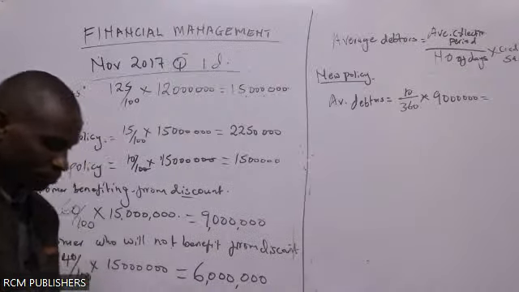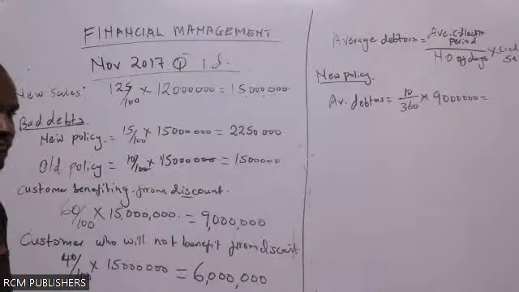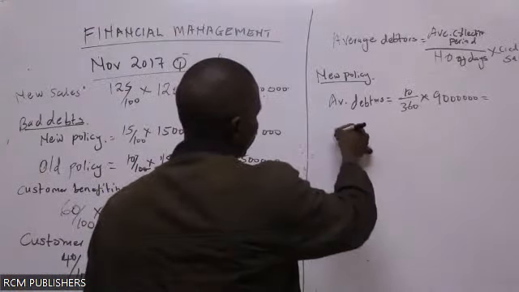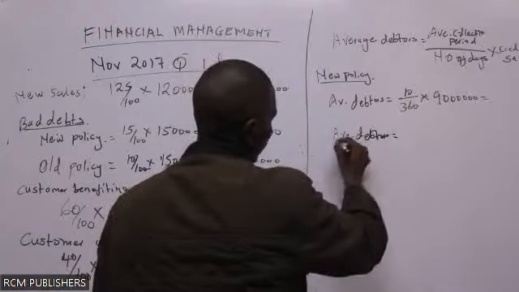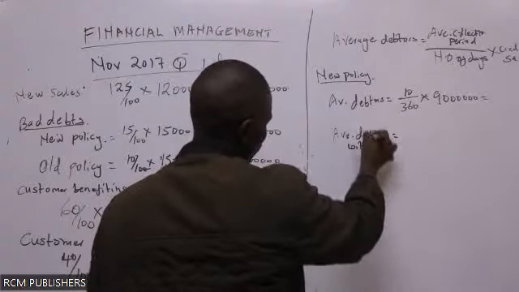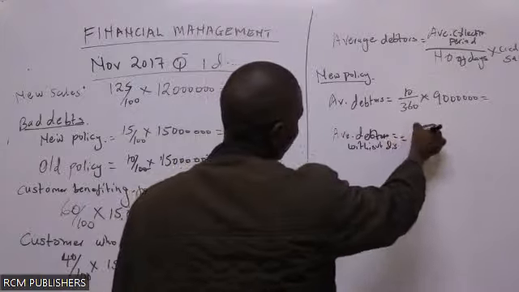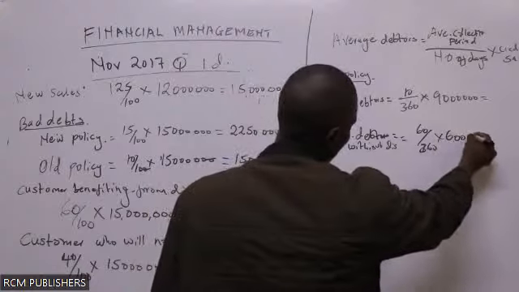For those who will not get the discount, net 60. The amount we will use is that. So average debt without discount, this is with offer. This is without discount: net 60 over 360 times 6 million.